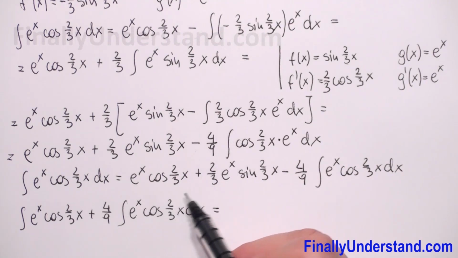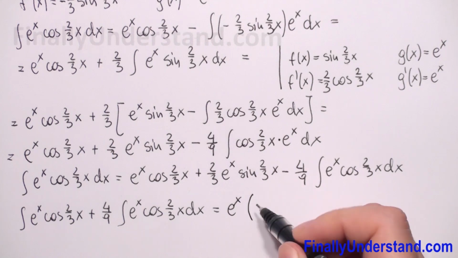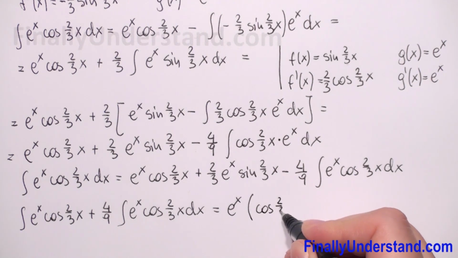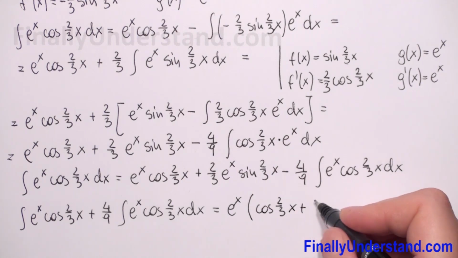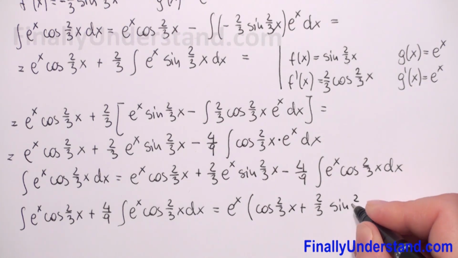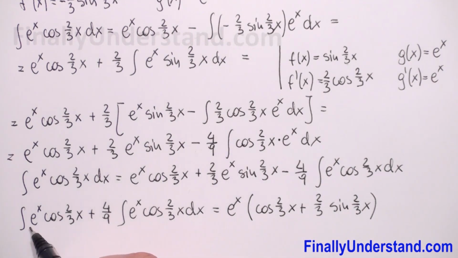We can factorize e to power x, so it will be e to power x, and in parentheses we will have cosine of 2 over 3x plus 2 over 3 sine of 2 over 3x. Because we have the same integral, here is just one integral plus 4 over 9 integrals. So we can add this one and 4 over 9.